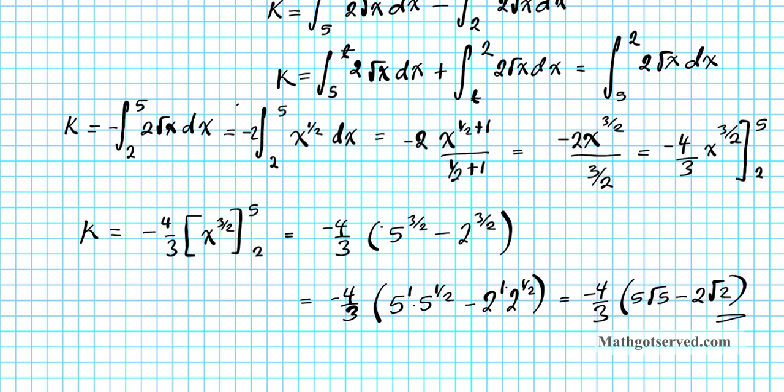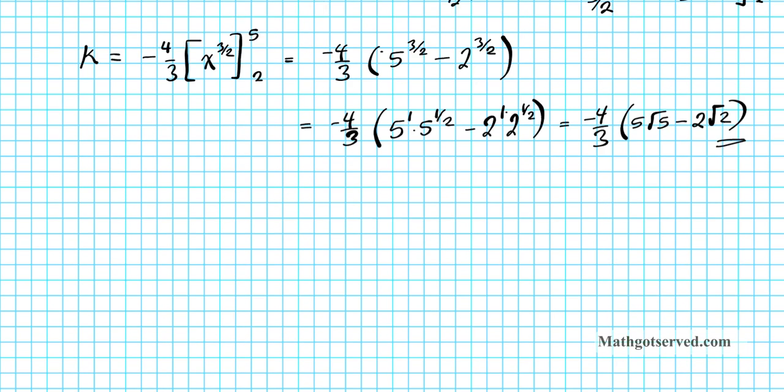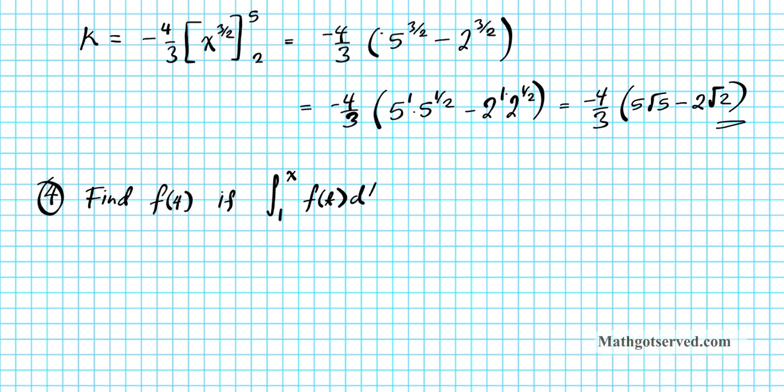All right, let's take a look at the last question, question number 12. I'm sorry, question number 4. So for problem 4, we're to find f of 4 if the integral from 1 to x of f of t dt is equal to x to the sine x.